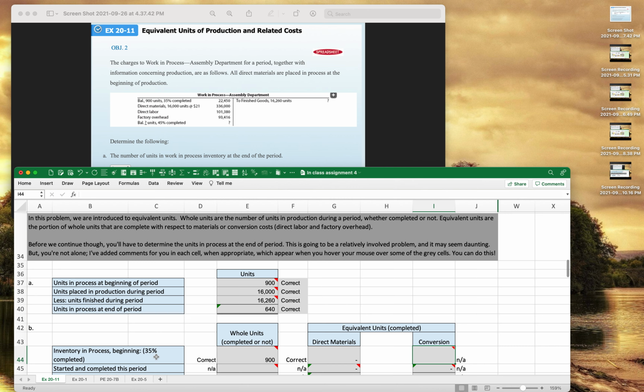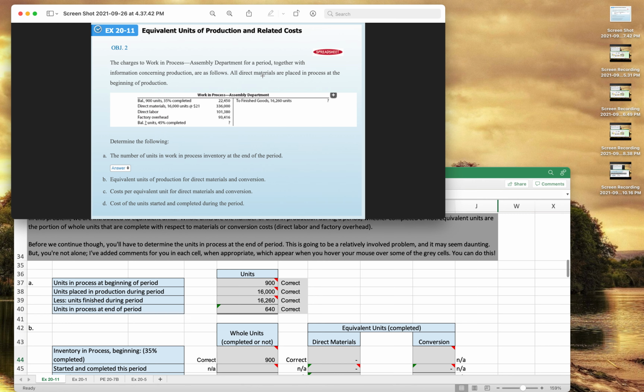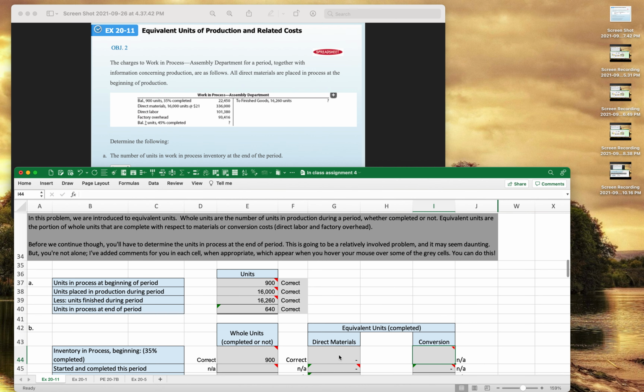And the answer is no, right? If something is complete, you're done. You don't need to add anything to it. And we also know that direct materials were placed at the beginning of the process, so none of the direct materials were needed. What was needed, though, was to finish the remainder, not the 35%, but 1 minus 35%, or 65%. In other words, of the pieces in inventory in process at the beginning, 65% need conversion cost, right?